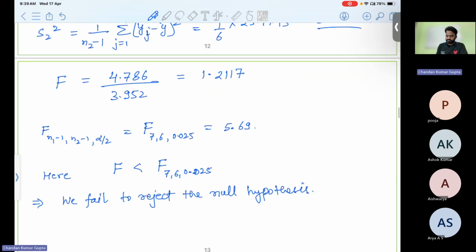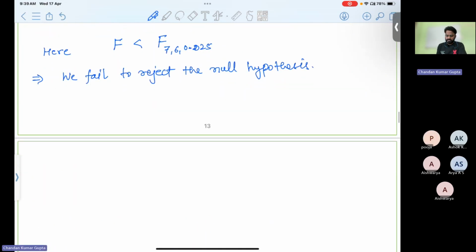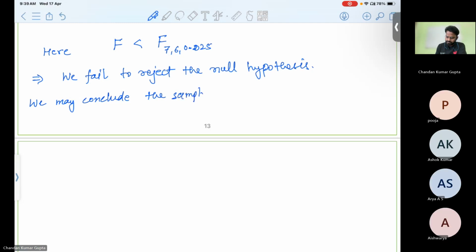So our result is, we may conclude the samples are drawn from populations having the same variance.